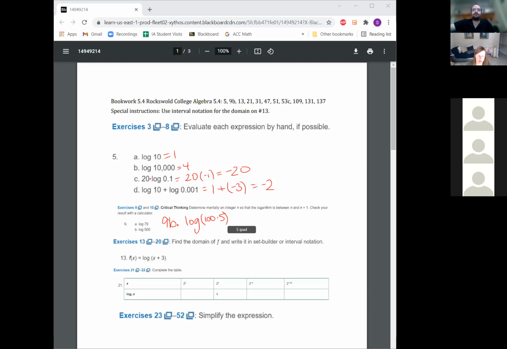Yes. And then I separated those two, so it's log 100 plus log 5. And then I did log 10 squared plus log 5. Okay, so then you made it a 2, right? Yes. And then what did you do? That's it. Okay. Did anyone else do anything differently?